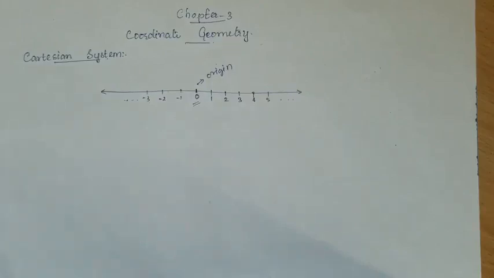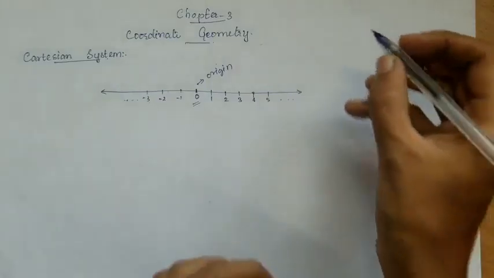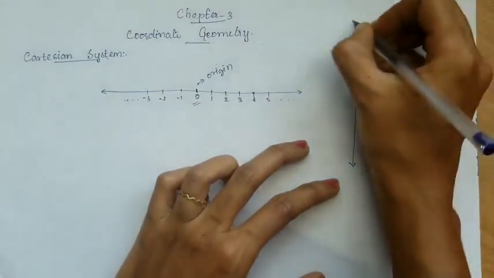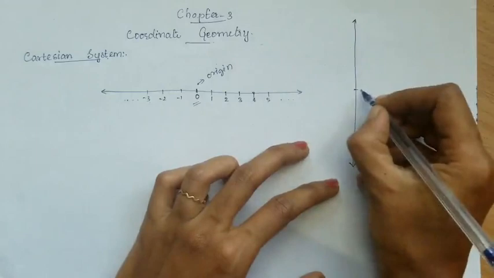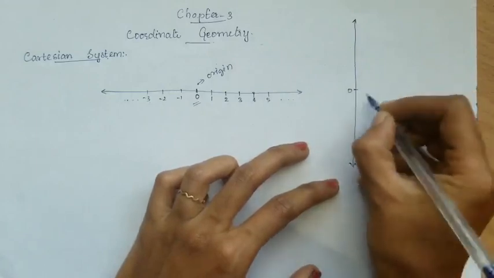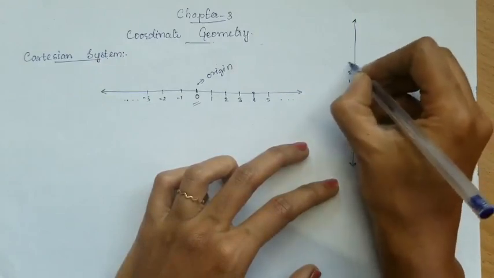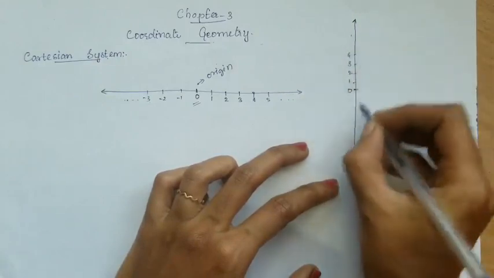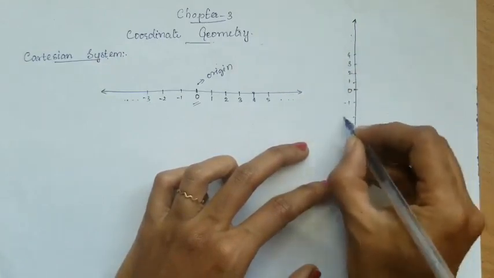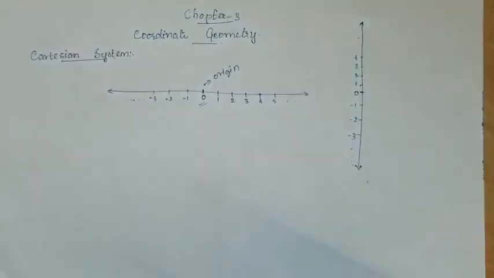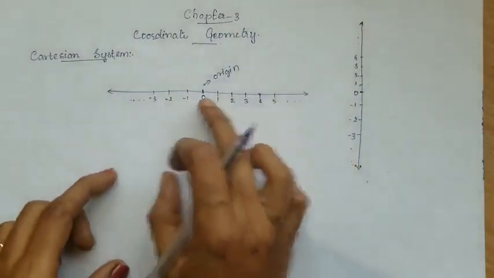Now, I am going to draw the same number line vertically. Here also in the middle we have 0. Here we have 1, 2 positive numbers, 3, 4, etc. Down we have negative numbers, -1, -2, -3, etc. Now we are going to combine both the lines.